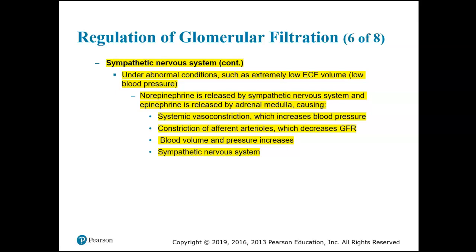That's going to cause systemic vasoconstriction, and that will increase blood pressure all over the body, which of course increases blood pressure to the kidneys. That leads to constriction of the afferent arterioles, which will decrease filtration rate, and it will lead to increasing blood volume and blood pressure, because when you increase blood volume, that will increase blood pressure.